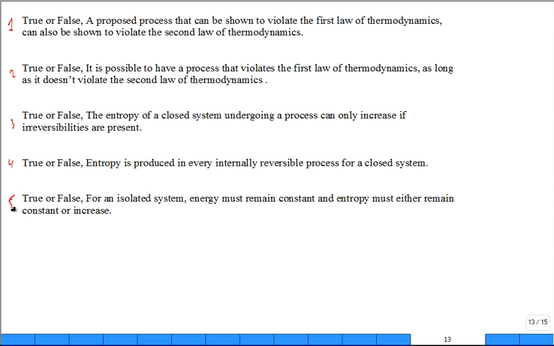All right, you ready to work through it? Proposed process that can be shown to violate the first law of thermodynamics can also be shown to violate the second law of thermodynamics. Why?